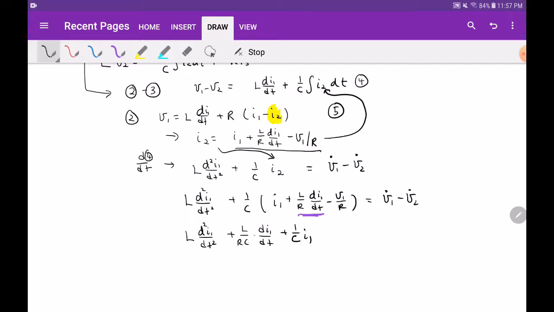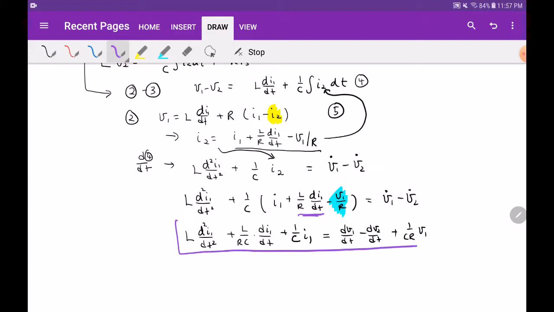Then this term right there does not belong on the left-hand side, so you have to move it to the right-hand side. So you have dV1 over dt minus dV2 over dt, they are functions of time, and plus 1 over CR times V1 of t. Okay? So this is your system model.